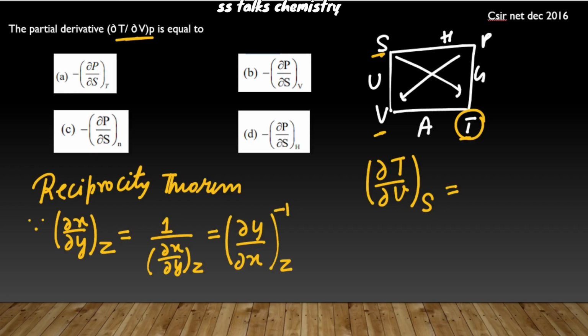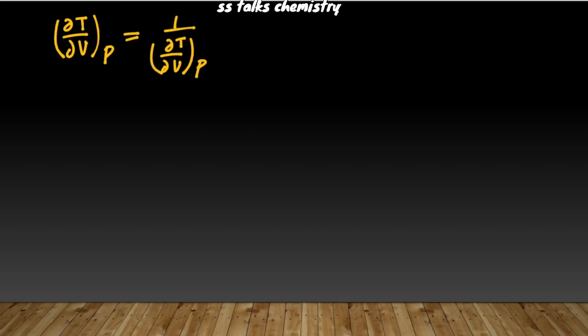We use this to solve: del T by del V at constant pressure can be written as 1 upon del V by del T at constant pressure.